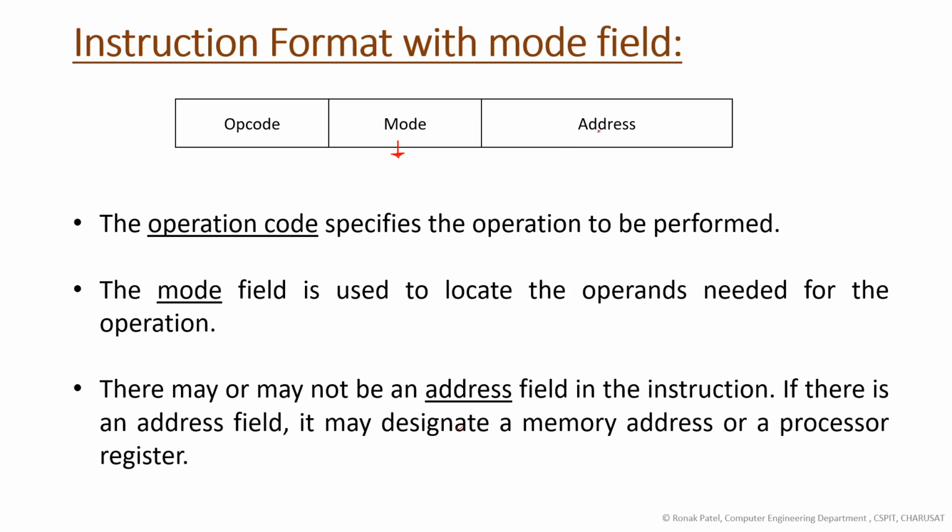It may be implied mode, direct addressing mode, and so on. Using this, you can get your operand, or you will get an address from here from where you can get an operand, or you will get another address, and from that again you will get an address, and then you will get your operand. Or it can be a register address.